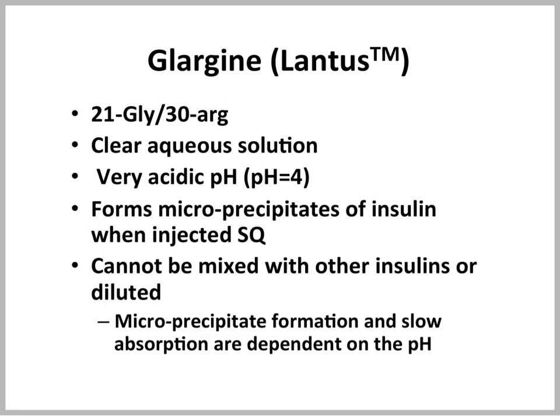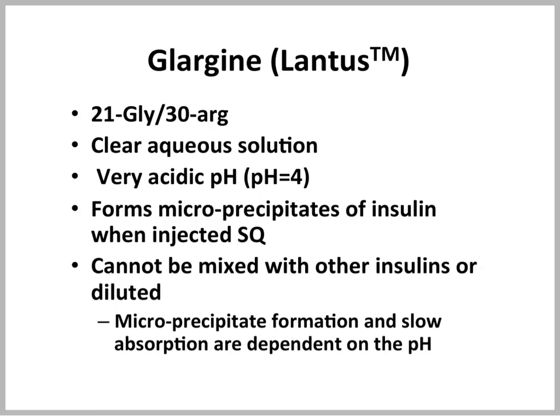So glargine is an insulin that is a clear aqueous solution, and when you inject it, it forms microprecipitates of insulin. It cannot be mixed with other insulins and it cannot be diluted.